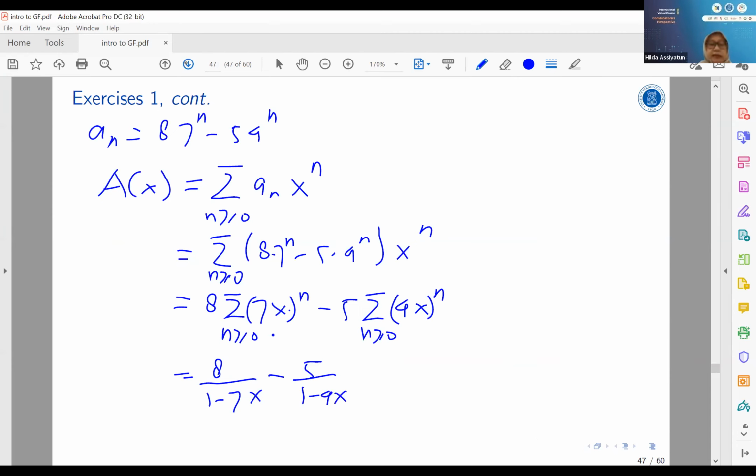Yeah, surely you can have a simpler form. Try to have a simpler form. Well, what is it? I don't know. 8 minus, maybe if you want, 5. Is it right?